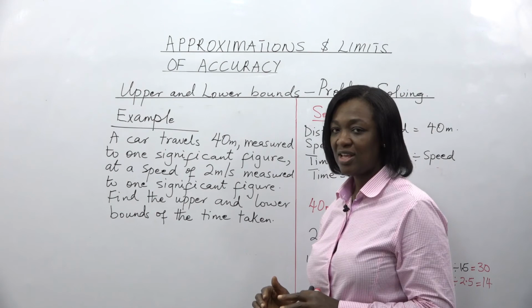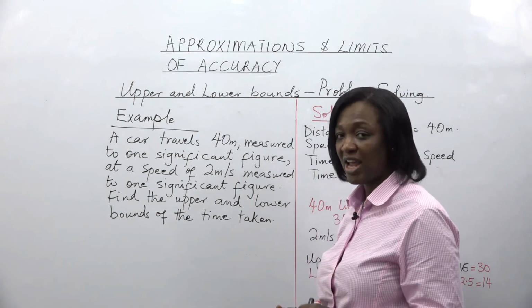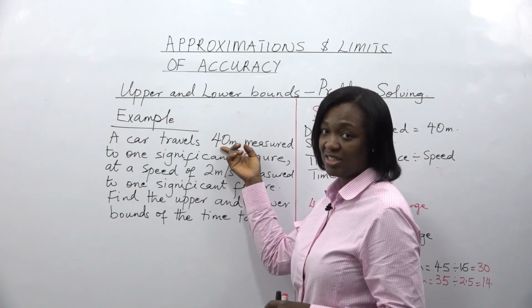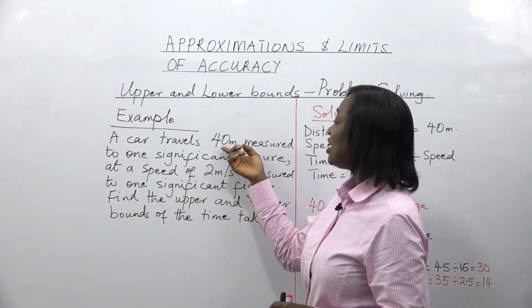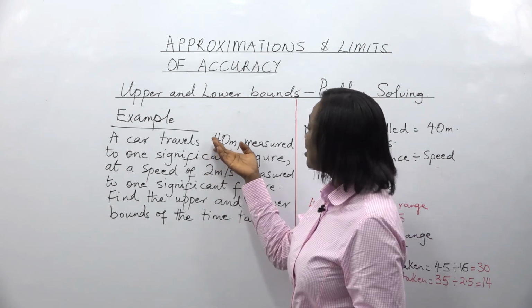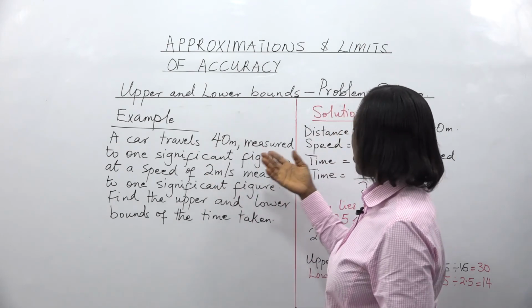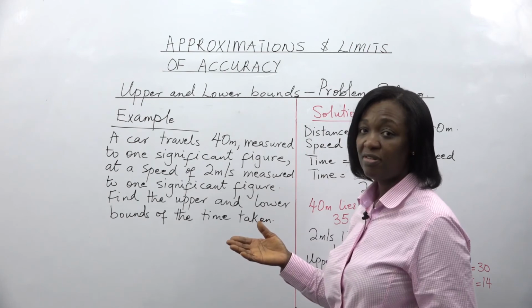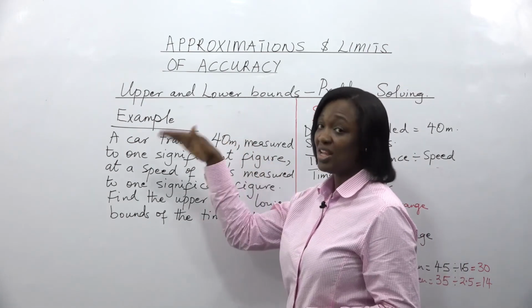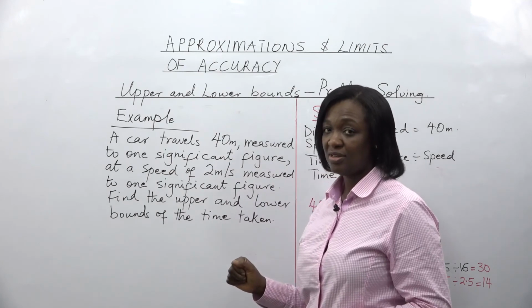Do you understand that? The absolute error will be half of 10. So to find the upper bound and lower bound of the distance, we'll be adding and subtracting half of 10, which is 5. So the upper bound of the distance will be 45 meters, and the lower bound of the distance will be 35 meters.